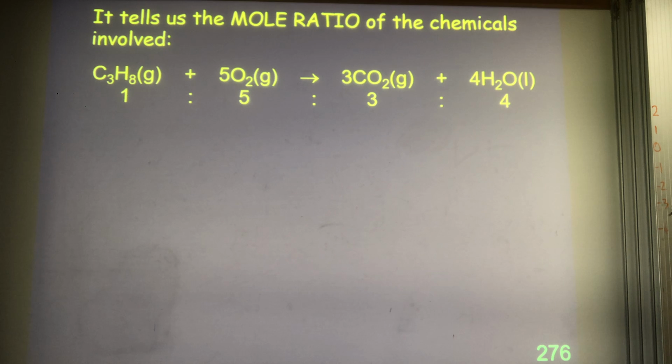So that becomes the mole ratios of the chemicals involved. There is going to be 1 propane for every 5 oxygens, for every 3 carbon dioxides, for every 4 waters. 1 to 5 to 3 to 4. They're the mole ratios.